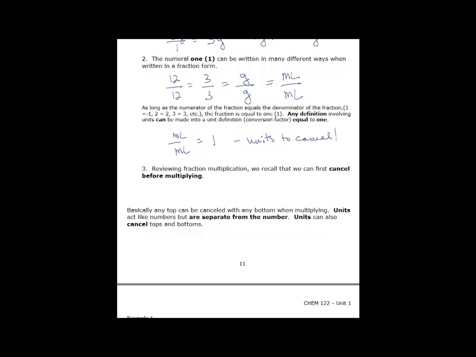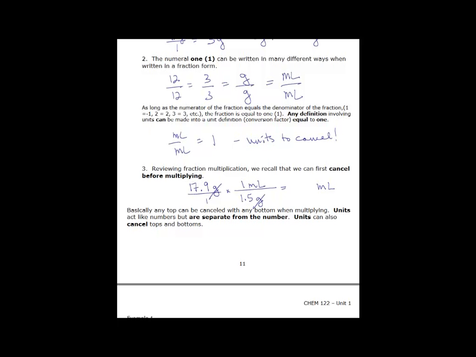Now, if you think about fraction multiplication, recall that you first cancel before multiplying. So if I have 17.9 grams and I have a density of, say, 1.5 grams over milliliters, before you multiply and divide this out, you can cancel these units, so it's clear that your answer will be in milliliters.